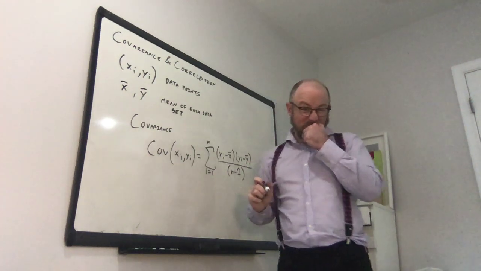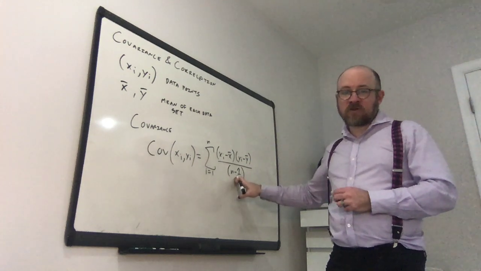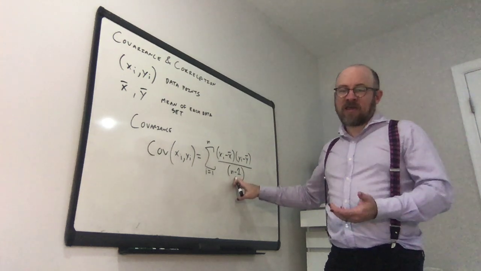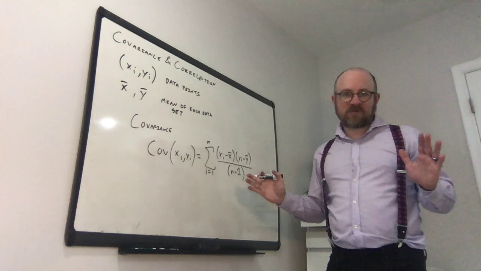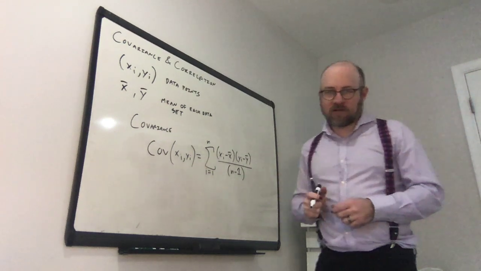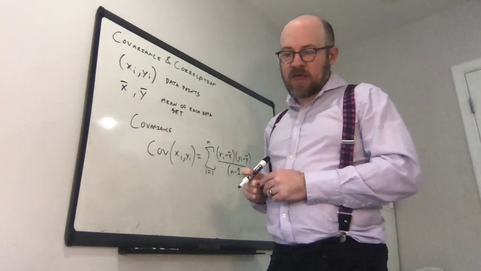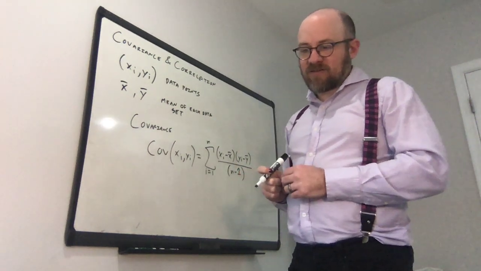Just like when we talked about standard deviation, there's this n minus 1 term down here where you might expect to take an average over the n terms. Don't worry about it. That's there for a reason. We'll talk about that in Math 313, or if you haven't taken that class already.